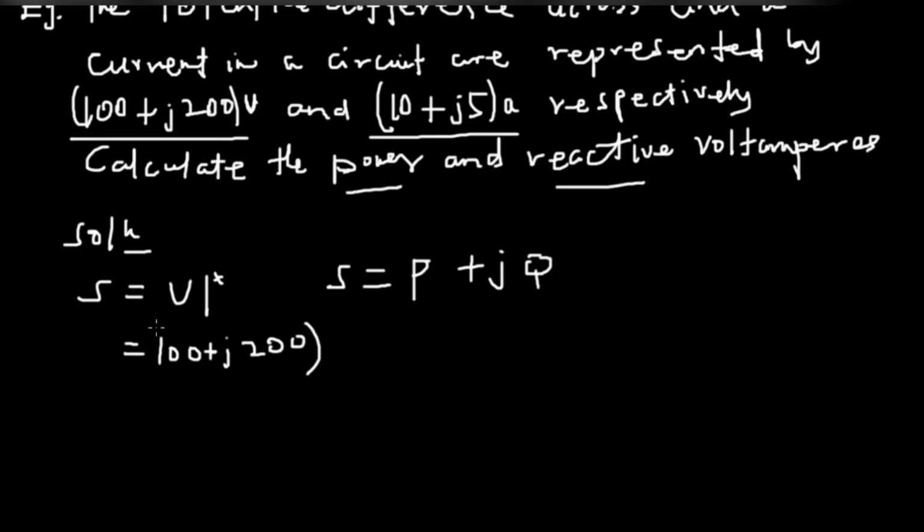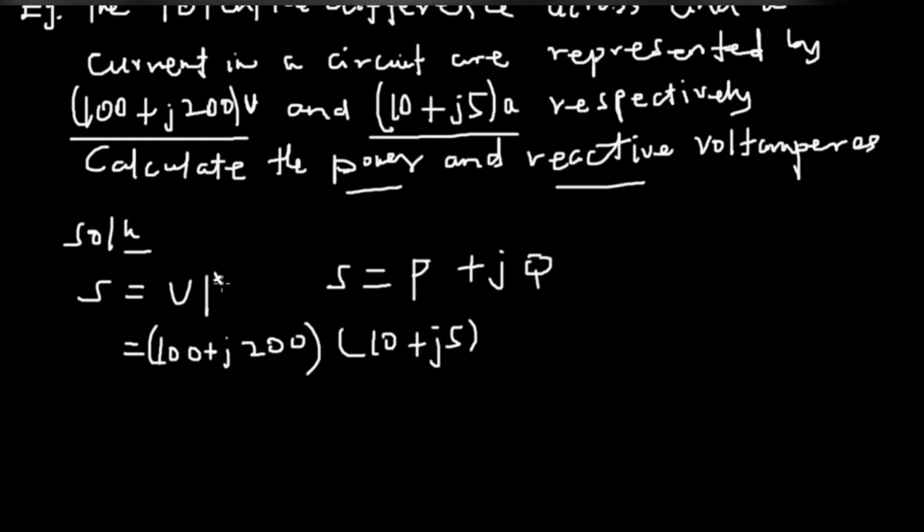You put that in brackets and multiply by the I, which is this one, because the unit is amperes, and the whole of this is V, because the unit is volts. So we have 10 plus j5. Now watch this. This is where the asterisk comes into play.